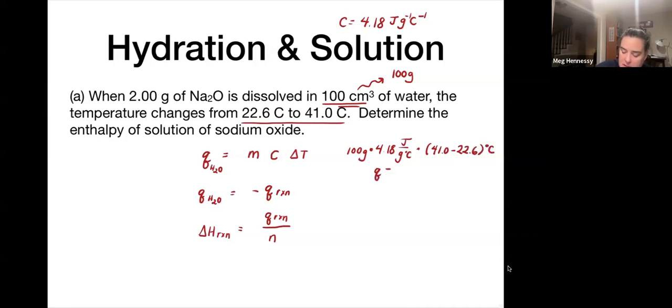And so the heat that is absorbed by the water is going to be equal to... I got 8832.